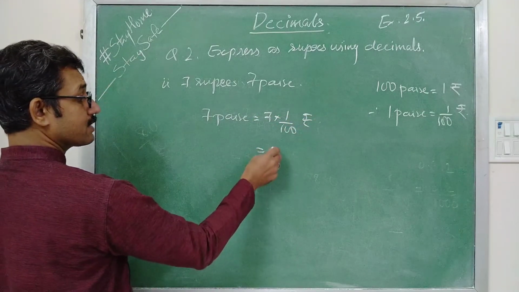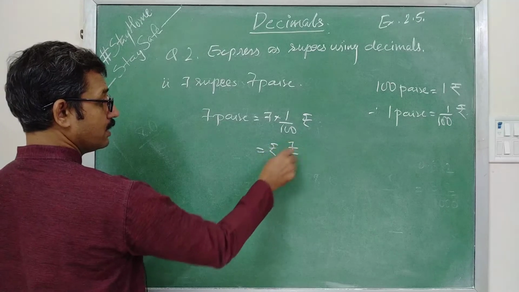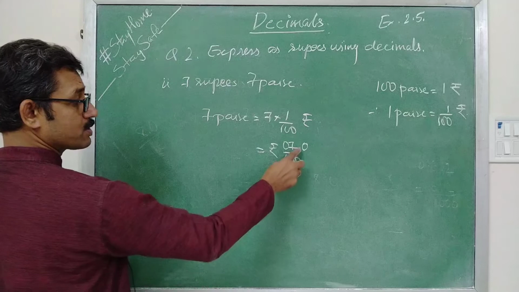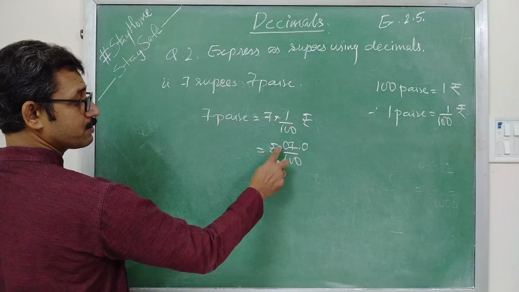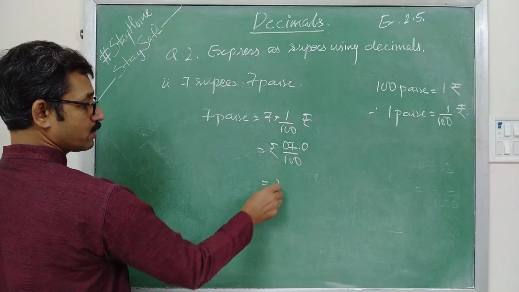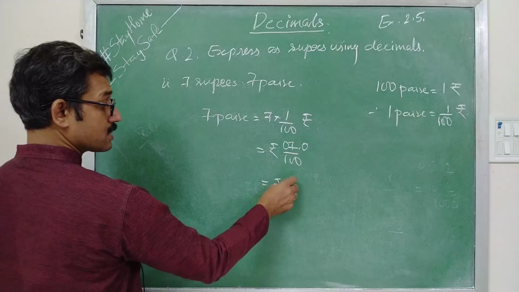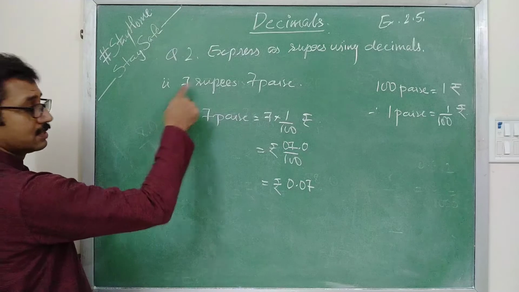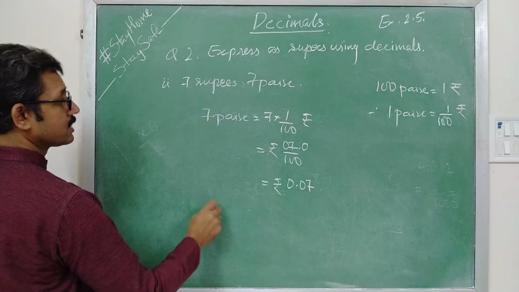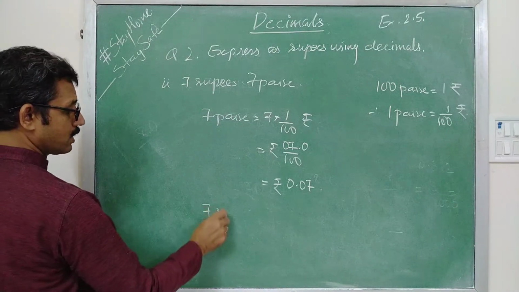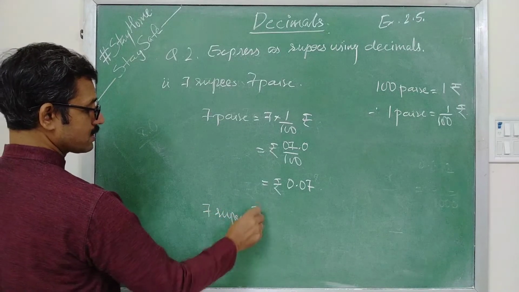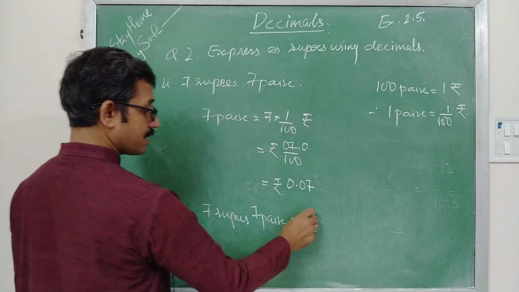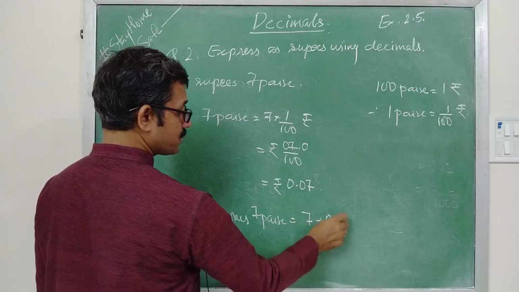So we can write it as rupees 7 upon 100. You know that it is 0 here, so we can put one more 0. This point is to be shifted 2 decimal places, so that rupees is 0.07. Now we have to add it, so 7 rupees 7 paise is equal to 7 plus 0.07.